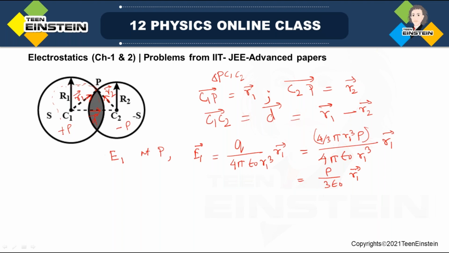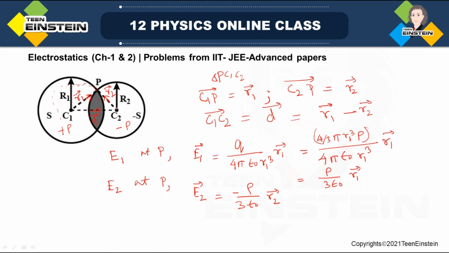Now for the other case, since these are symmetric, if you see C1 and C2 are symmetrically situated, we can write for E2, the electric field produced by the other sphere at P, similarly as minus rho by 3 epsilon naught into r2 vector.